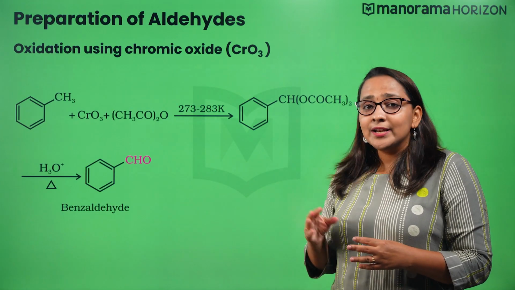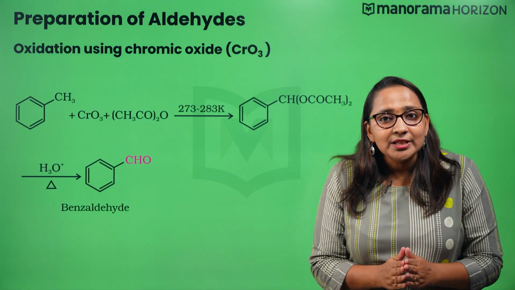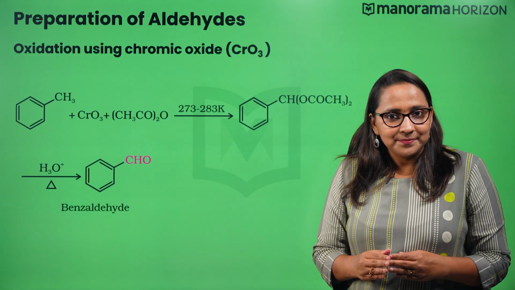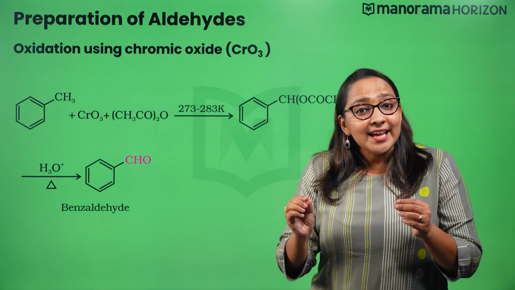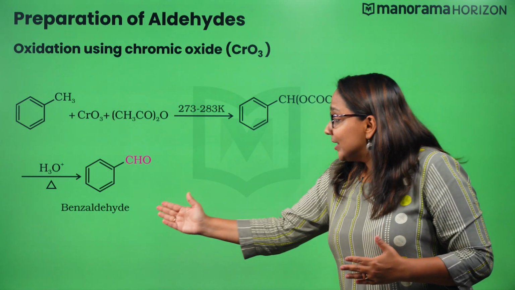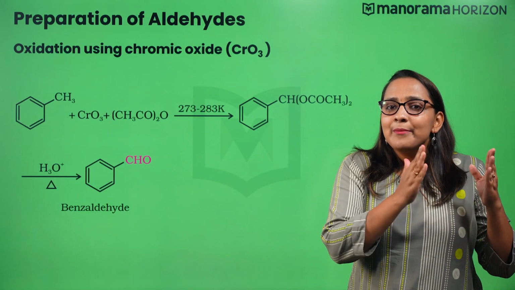Alternatively, toluene can be converted to benzaldehyde by treating it with chromic oxide in acetic anhydride. The benzylidene diacetate thus formed can be hydrolyzed with aqueous acid to yield benzaldehyde.